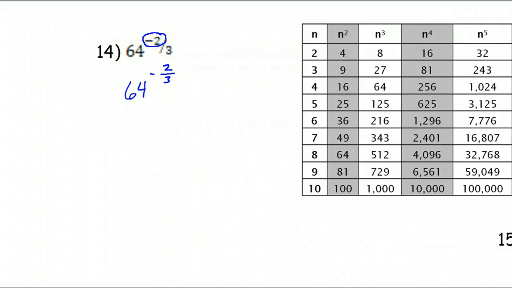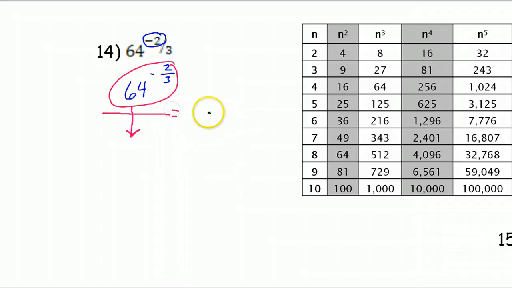And thus, because I have a negative exponent, everybody knows that when you have a negative exponent, you are on the wrong side of the invisible fraction. So if I drop this entire thing down, what I will have then is 64 to the positive 2/3 power in the denominator.